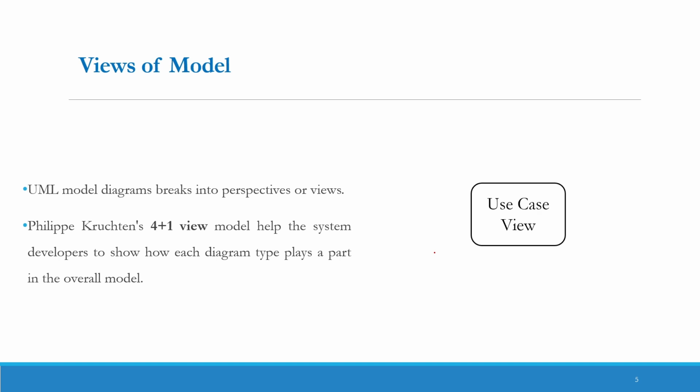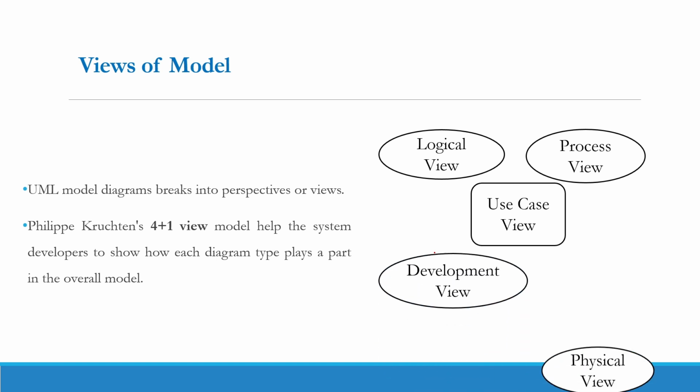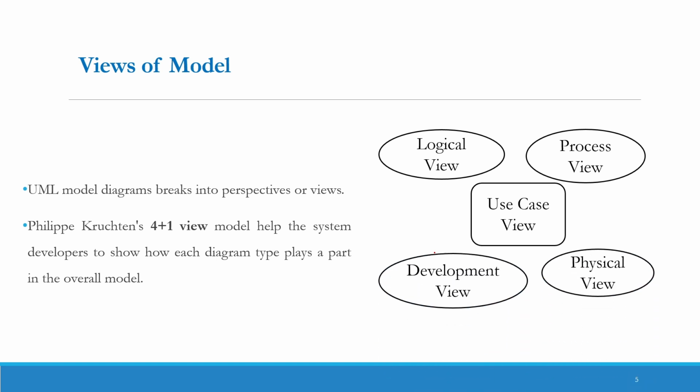We have to understand what services are to be provided by the system and what the functions of the system are. When we answer such questions, we are in the use case view. The use case view is the fundamental view for the rest of the views in the 4+1 model. The rest are the logical view, the process view, the development view, and the physical view.